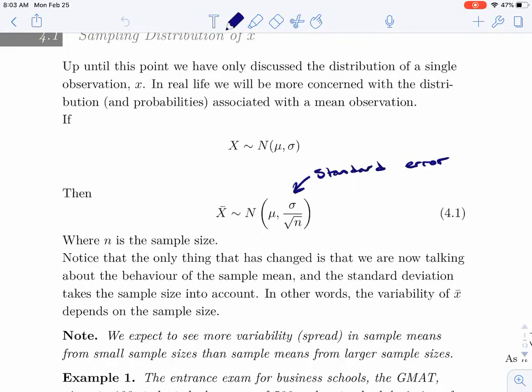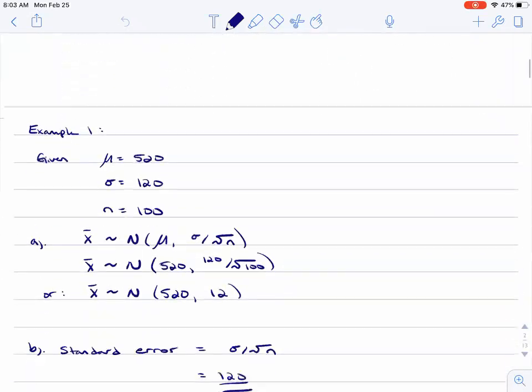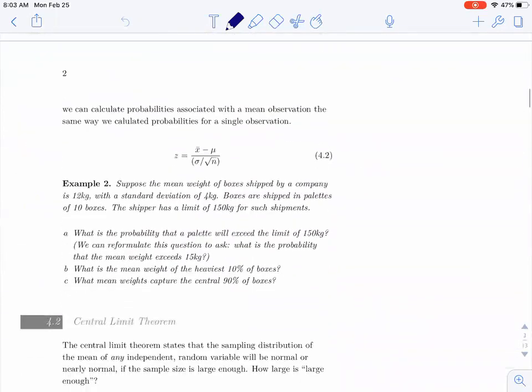The spread gets tighter and tighter as you increase your sample size. We have the standard deviation of sigma over root n, which gets confusing. So sigma over root n is actually just called the standard error instead of standard deviation. The standard error is the spread for your sample mean. We did lots of examples looking at that.